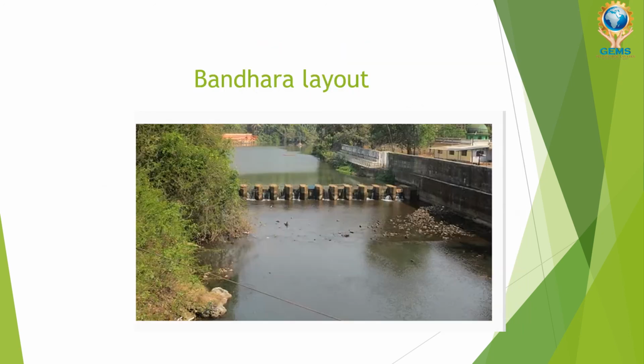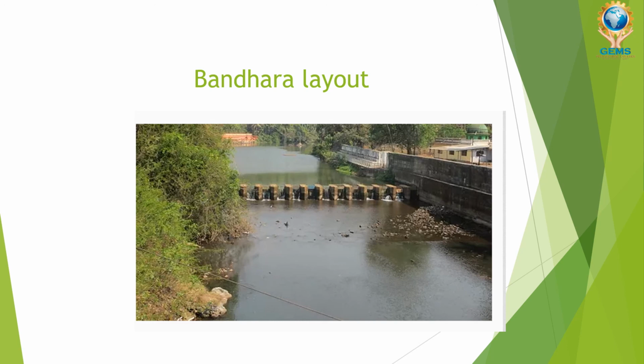Okay, this is one of the Bandras which is located live. This is a live photo taken of the Bandra. You can see the beds are completely surrounded by trees, with overgrowth of shrubs and trees around it. But you can see the water flow is smooth and without any diffraction or deflection. It continuously flows, and the embankment portion is completely filled with trees so that you cannot see the side walls of the embankment.